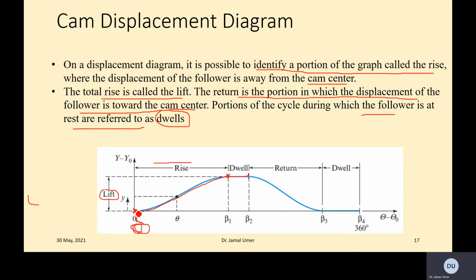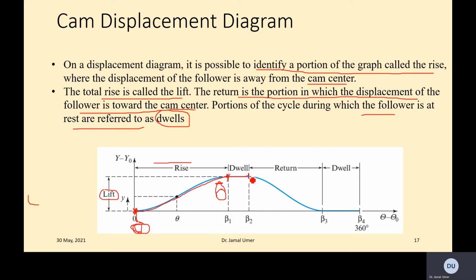The follower starts traveling. If this is the cam base circle, we will do the terminology. This is the portion up here, and then you get the maximum lift. During that portion, because it's more circular, we get the dwell.